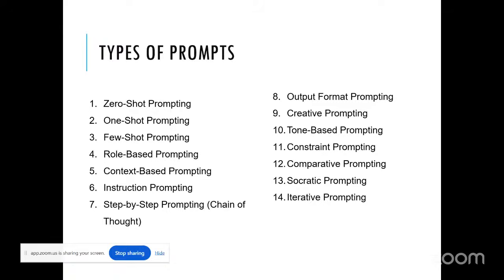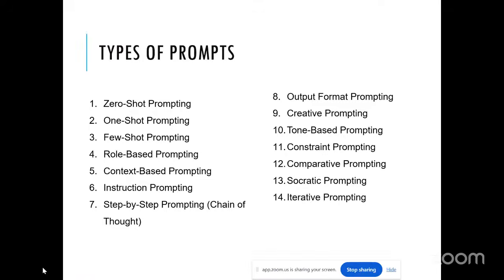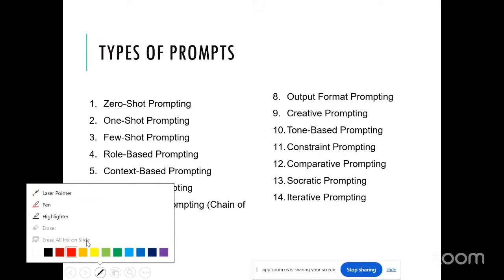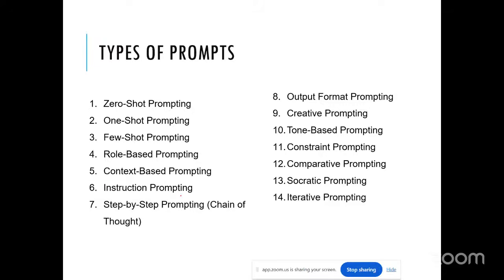The first one, zero shot prompting or simple prompting. Next, second is one shot prompting. Third is few shot prompting. Fourth is role based prompting. Fifth one is context based prompting. And sixth one is instructional prompting.